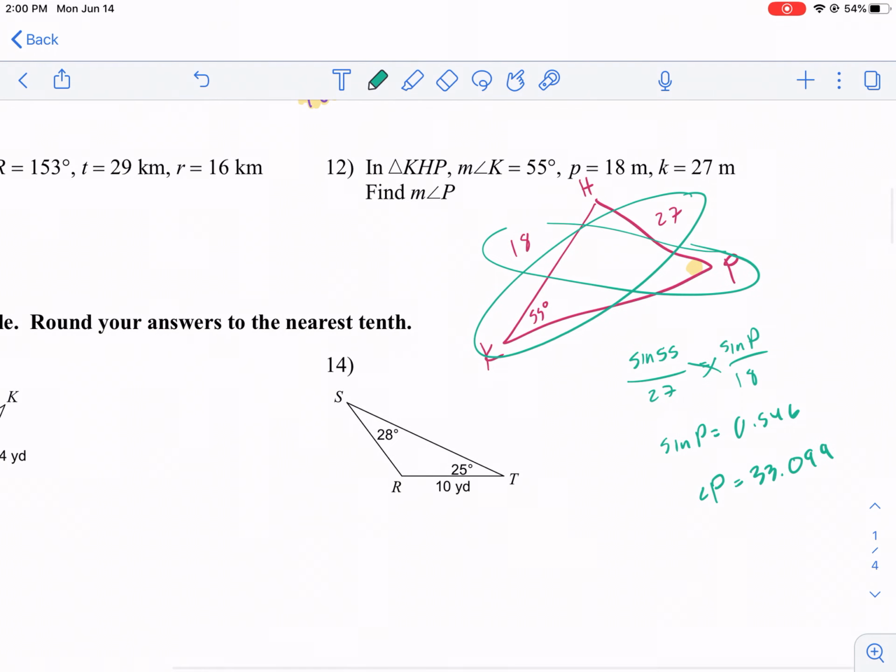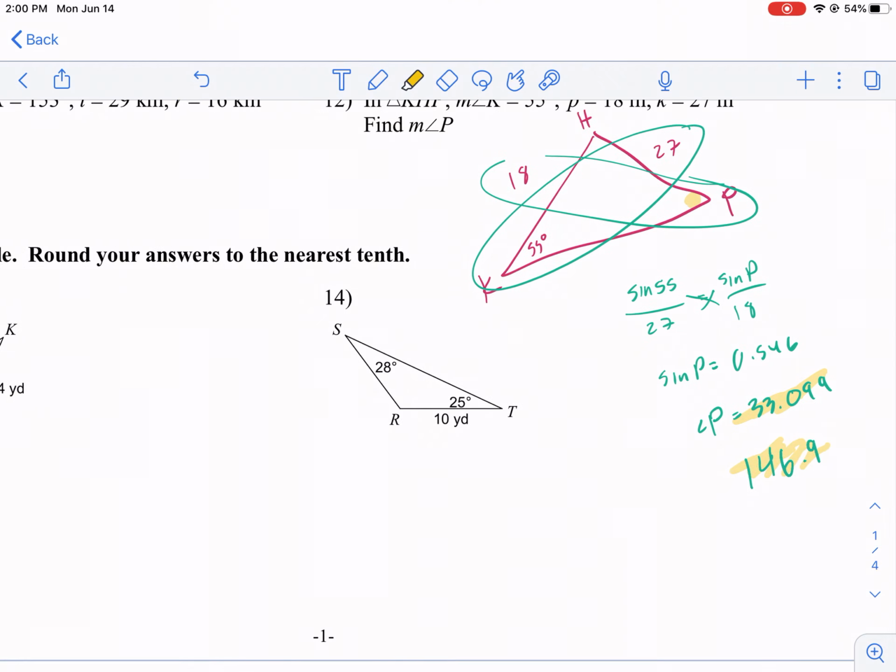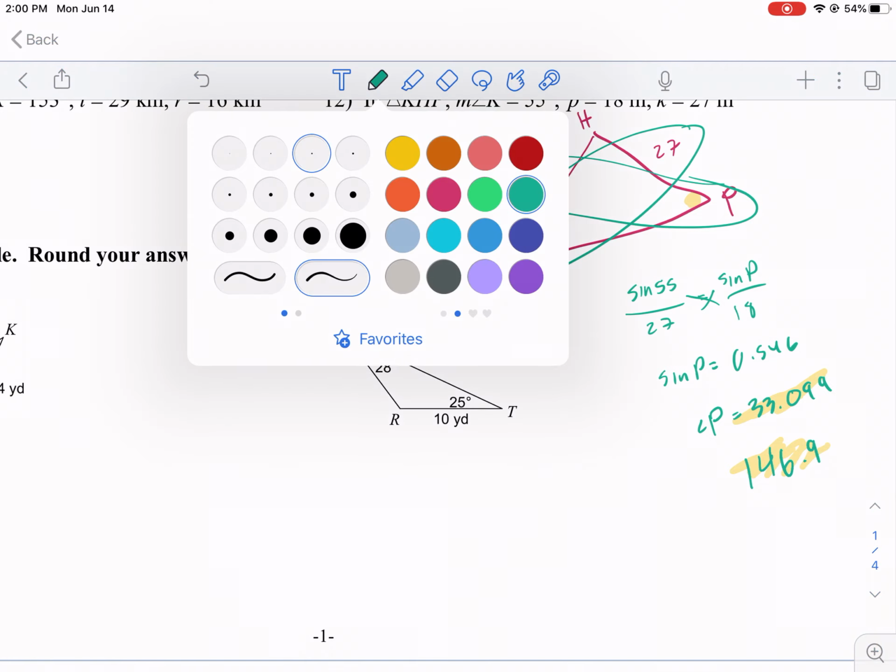So that's 33. Now I also need to calculate its supplement, so I do 180 minus that, and the other possible angle with that same sine value is 146.9.